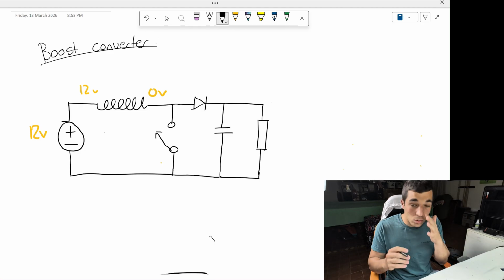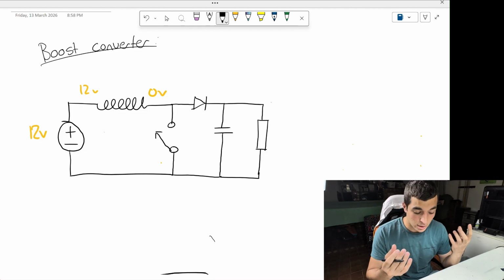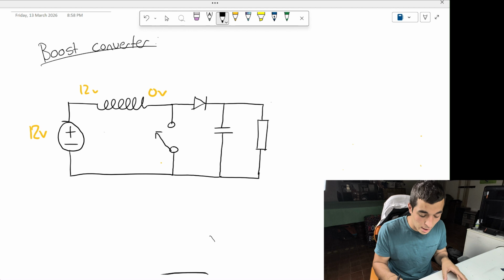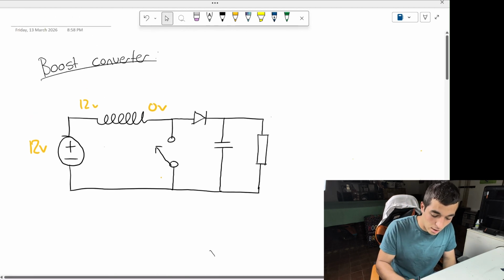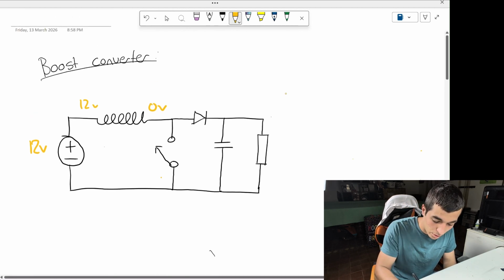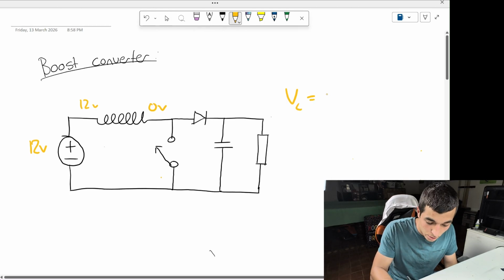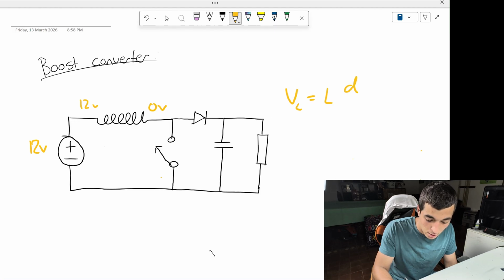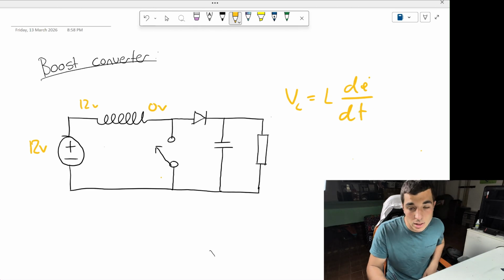Now all that energy from the inductor. I should mention the inductor voltage equation: the inductor voltage equals the inductance times the change in current.